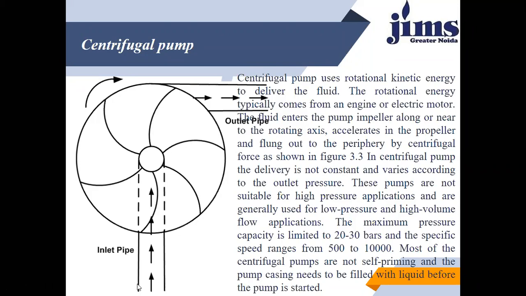Okay, so you know why it is called centrifugal? Because if it takes the water from the sump, through the inlet pipe it will go towards the center. But what is centrifugal?